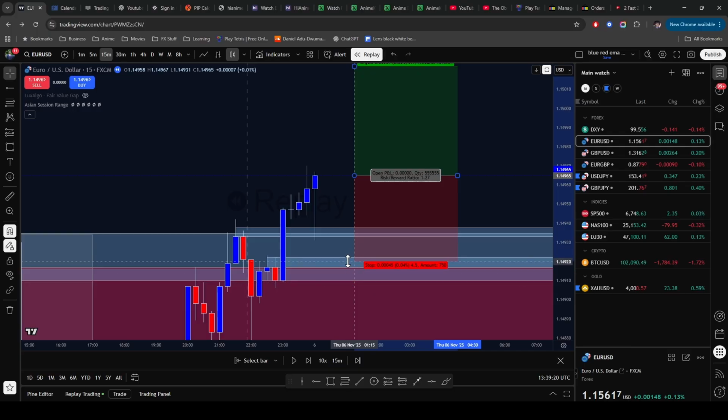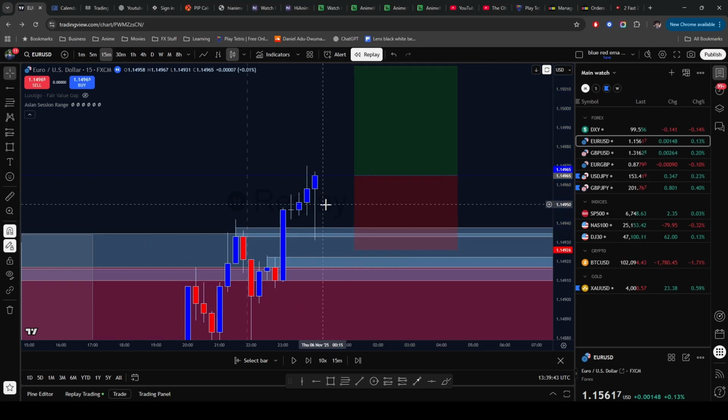Say if price comes to tag this level again, I at least want my stop loss low enough that if it comes down here, maybe hopefully it doesn't come below this wick and just tags this zone. So there, at least I'm safe somewhat.